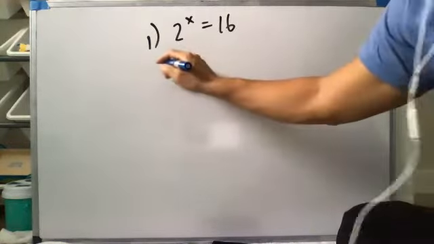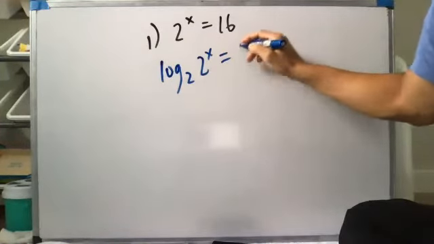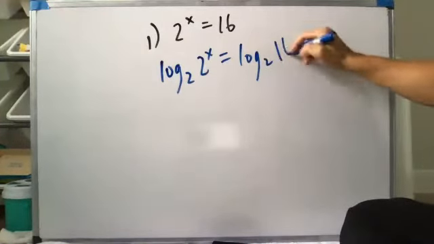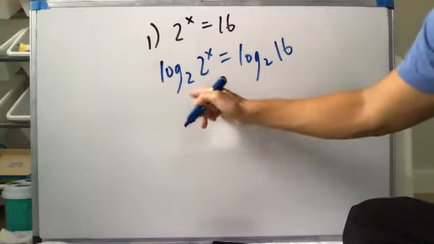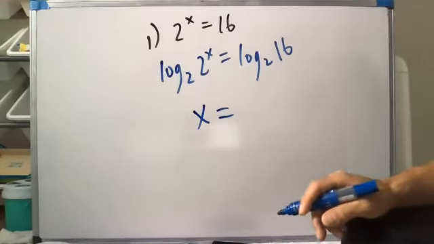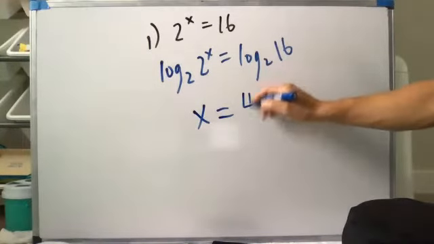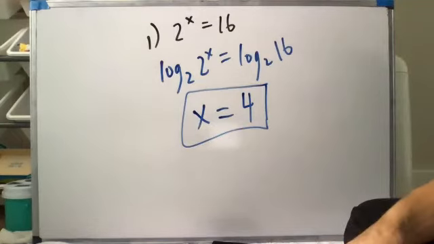So it's going to be log base 2 of 2 to the x is equal to log base 2 of 16. And this guy just undoes the 2, right? So it's just going to be x. And log base 2 of 16: 2 to the 4th power is 16, so x is equal to 4. That's it. Well done.